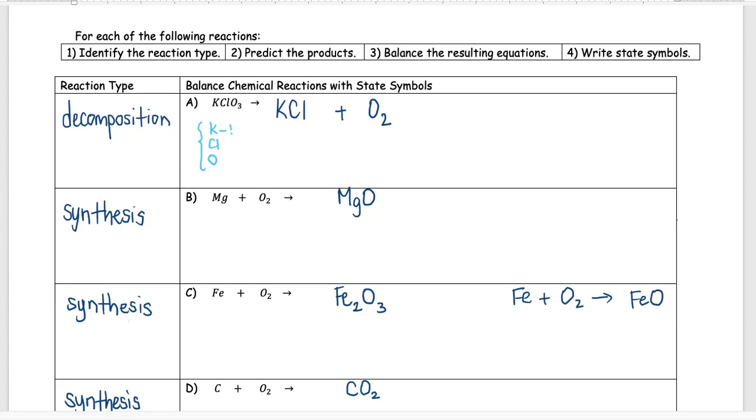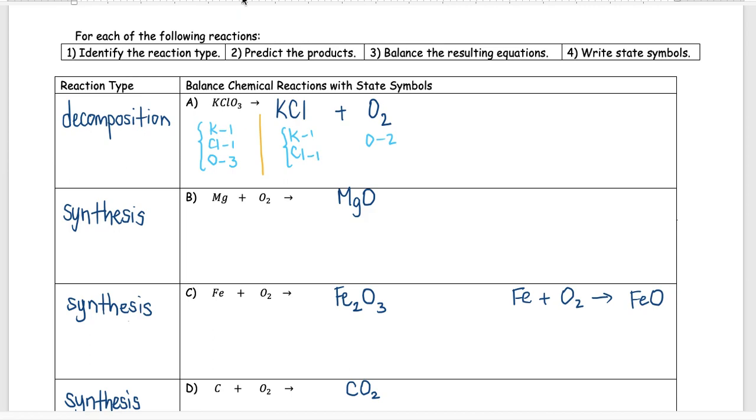The first one's potassium, next one's chlorine, and then there's 3 oxygens. Okay, all right, and then this is kind of the midline to go to the products. So then we have 1 potassium, 1 chlorine, okay, and then we have the 2 oxygens like that. Oops, so put 1 and 1, okay.